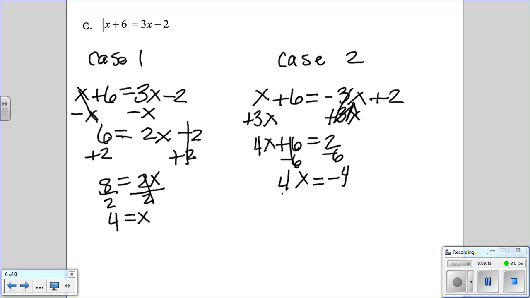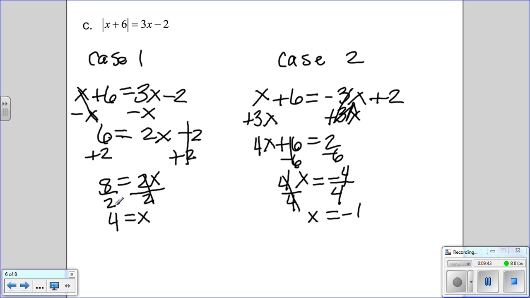And divide both sides by 4 to get x equals negative 1. Negative 4 over positive 4, x equals negative 1. We are not guaranteed that these two are actually solutions to the equation. So you go through all this work of solving both cases, case 1 and case 2, but now you have to check your solution.